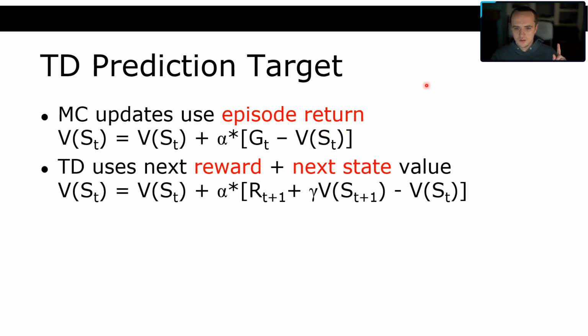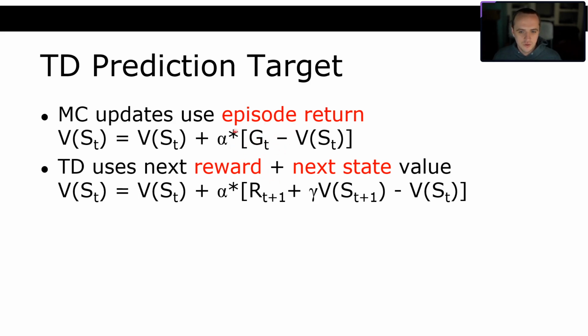But temporal difference learning is going to use the next reward and the next state's value. Okay? So, the value of a state is going to be equal to the value of the state plus alpha times, instead of computing the entire return for the episode, this is going to be done in real time, right, after each action.